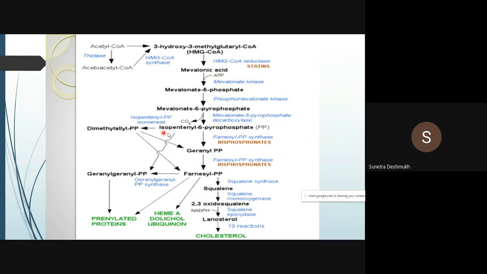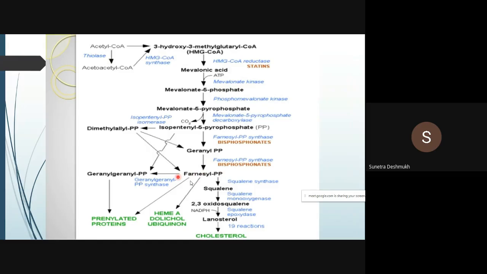This IPP unit is converted to geranyl pyrophosphate, and then we can get farnesyl pyrophosphate.